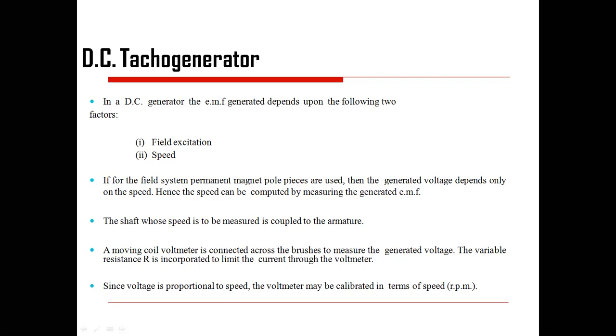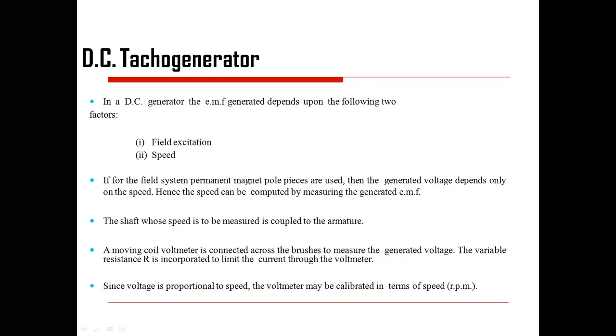The variable resistance R is incorporated to limit the current. That is, a variable resistance is incorporated in the path, and it is utilized to limit the current through the voltmeter, that I will show you.